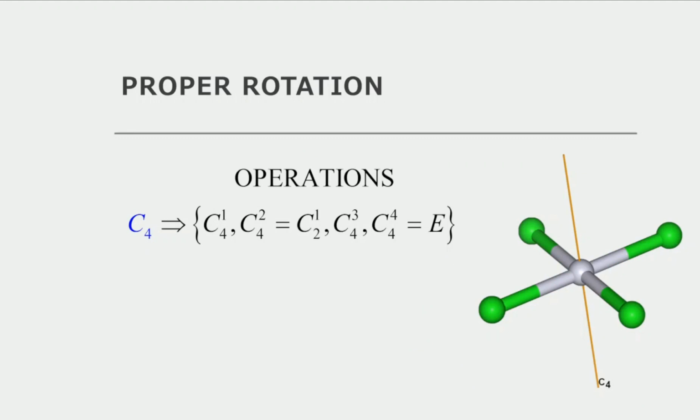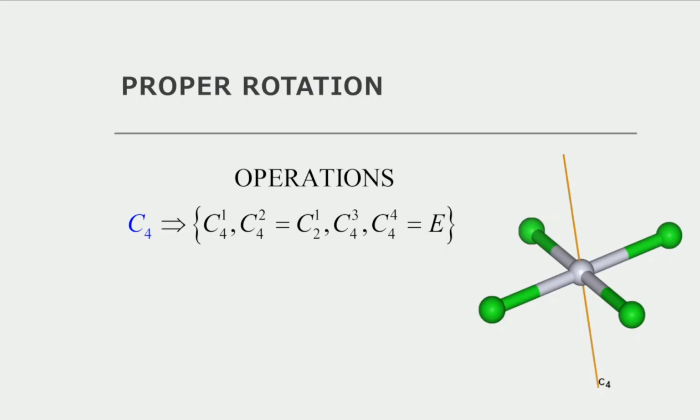Now if we continue with the third C4 rotation, then we arrive at a new equivalent configuration, which is same as we would have obtained by a single 4-fold rotation in the opposite direction. Now finally, if we perform a 4th C4 rotation, then the molecule will be brought back into its identical position.